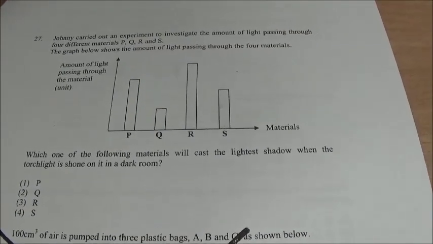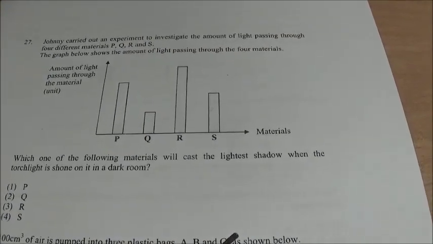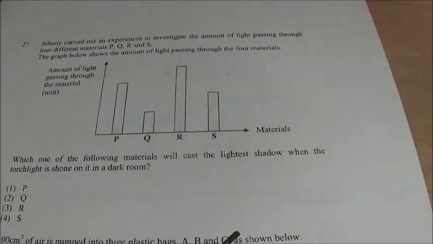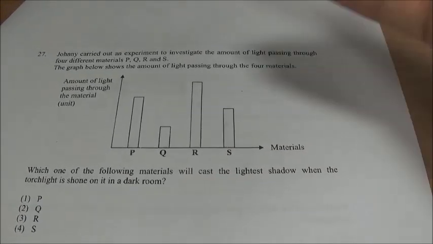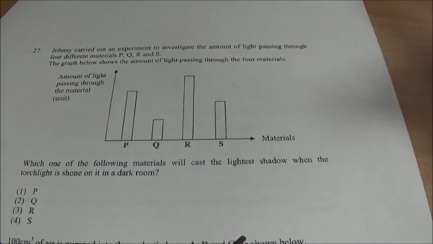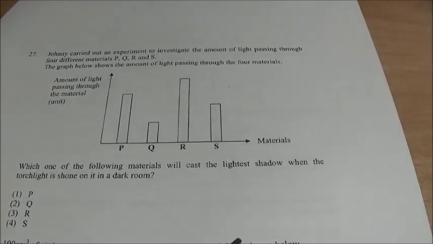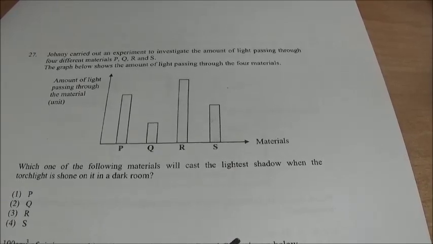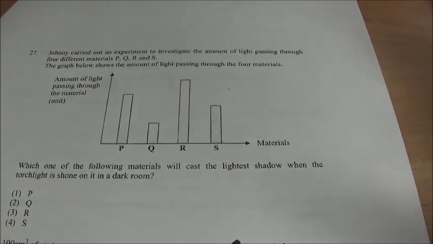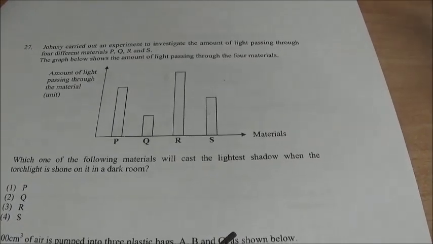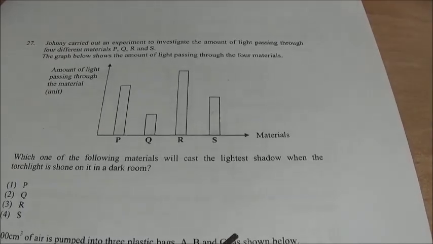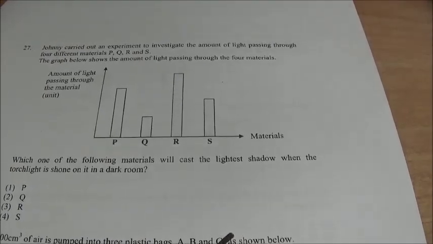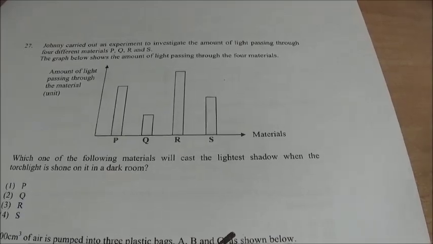Okay, Johnny carried out an experiment to investigate the amount of light passing through 4 different materials. Remember we talked about this: the amount of light passing through materials means we're talking about transparent, translucent, and opaque. Which one will cast the lightest shadow when the torchlight is shone? First of all, when you have the least amount of light passing through, that must be an opaque object, and with an opaque object your shadow should be the darkest.